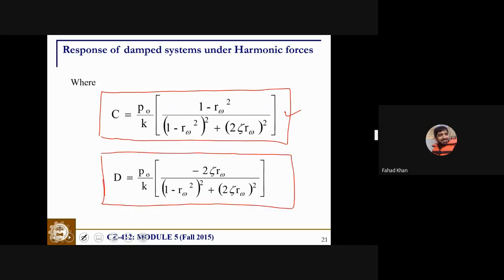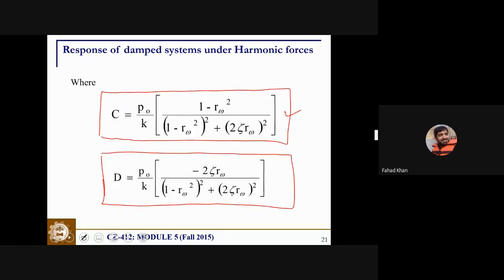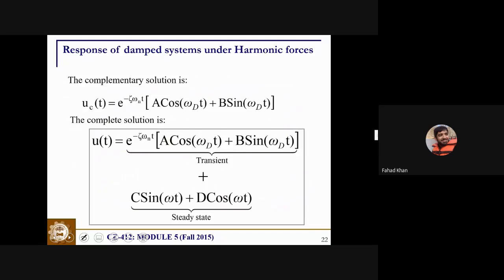When you put these values back in your equation number one, you will get the total particular solution, the particular solution only. Once again, the complementary solution is given by u complementary of t equals e power minus zeta omega n t. Now this form is because of the initial conditions only.